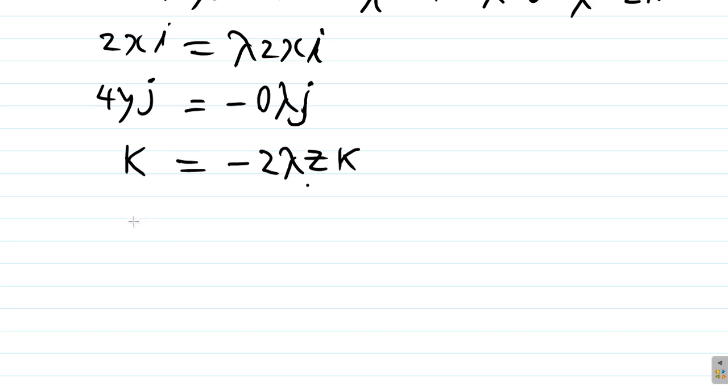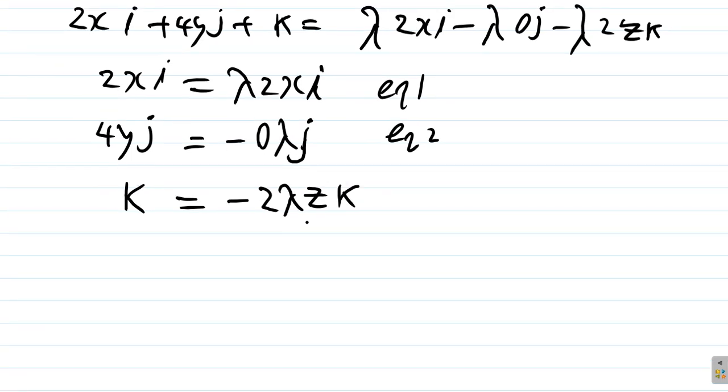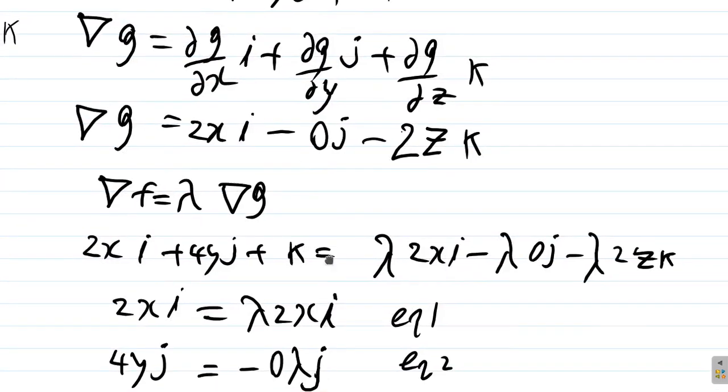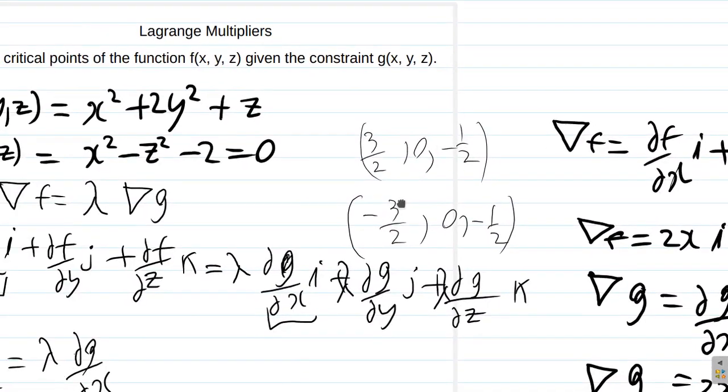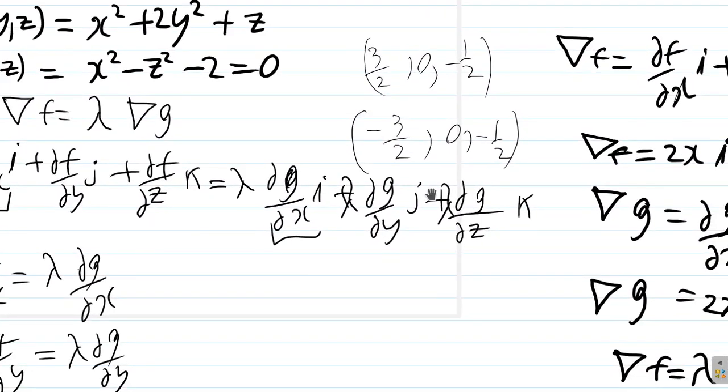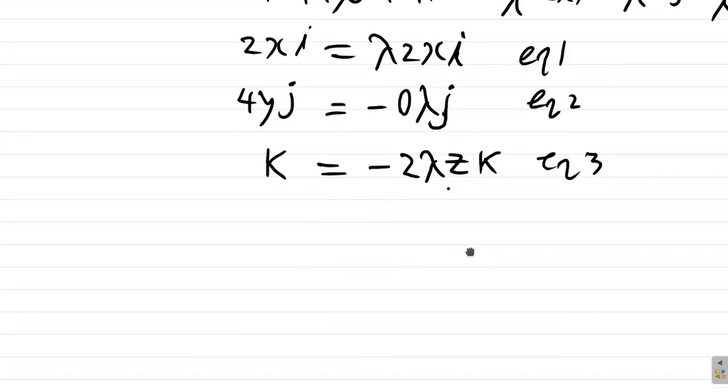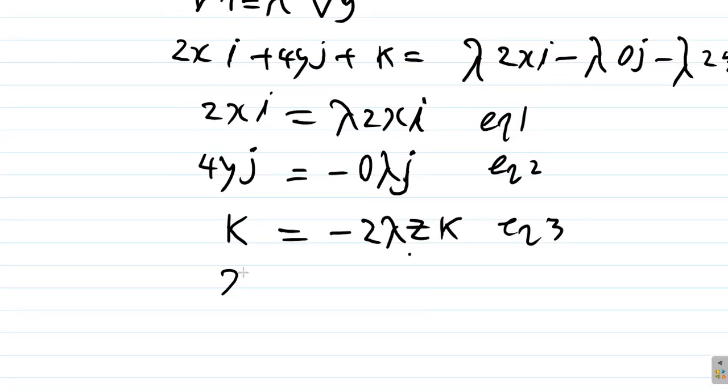So let's call this equation 1, equation 2, equation 3. Don't forget the constraint equation. What is it again? x squared minus z squared minus 2 equals 0. So this is equation 4.